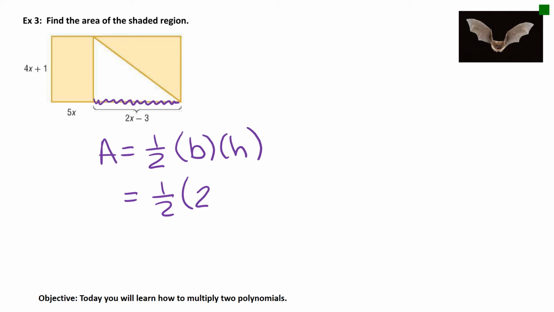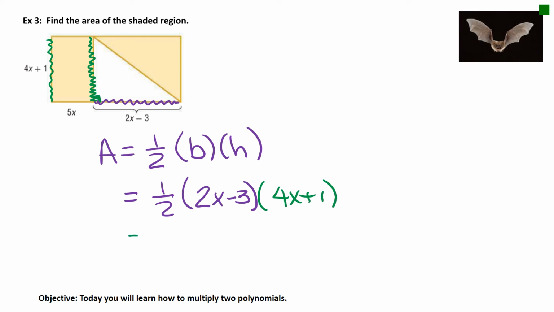The base is 2x minus 3. The height is a perpendicular, which means it makes a 90-degree angle going up the side right here. And here's what's neato. We don't know what that is, but it's the exact same as this measurement, right? So we've got 4x plus 1.